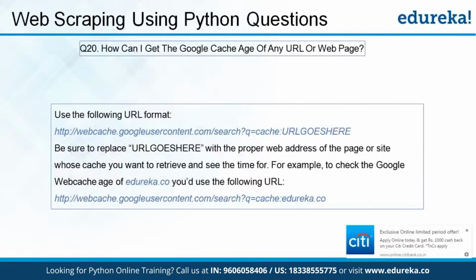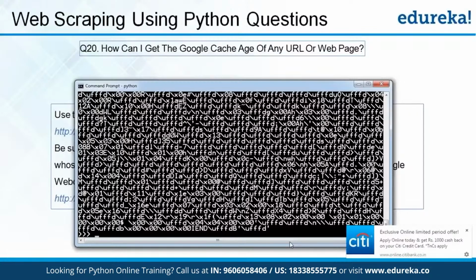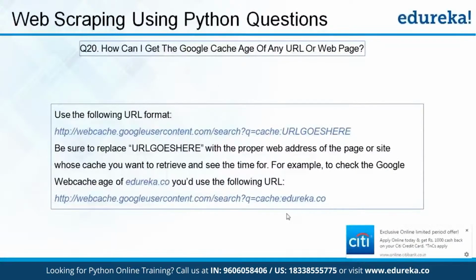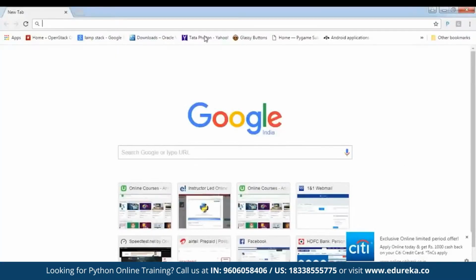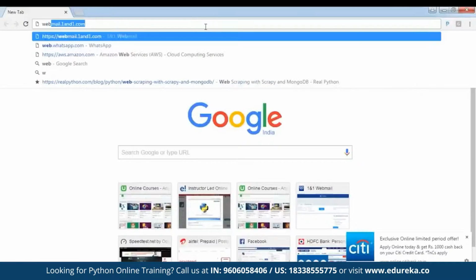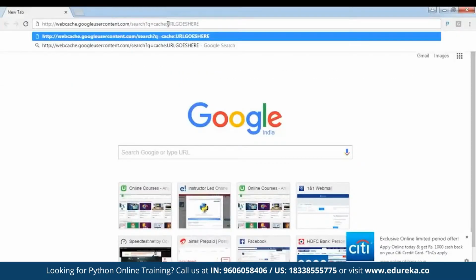All right. Now, how can I get the Google cache age of any URL? Let's do one thing using the following format. If you use webcache.googleusercontent, you can actually do this.